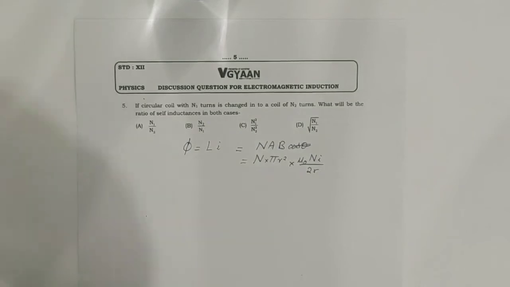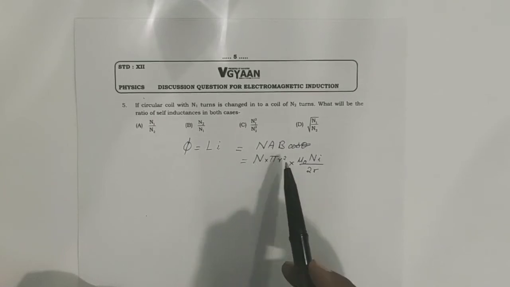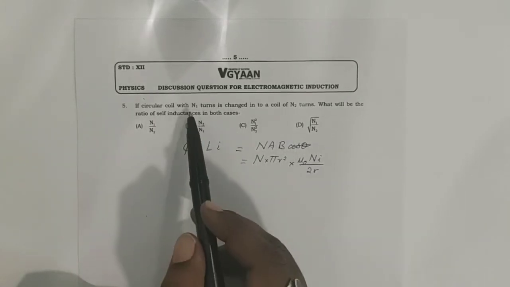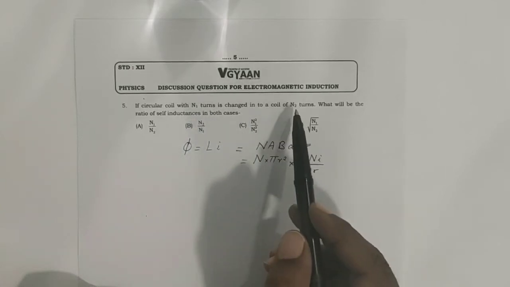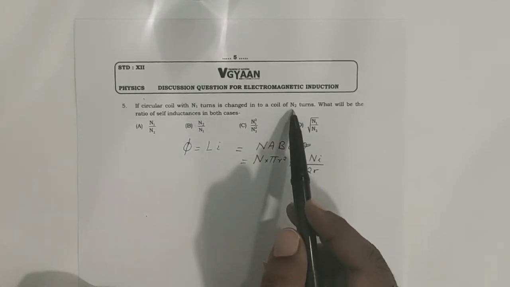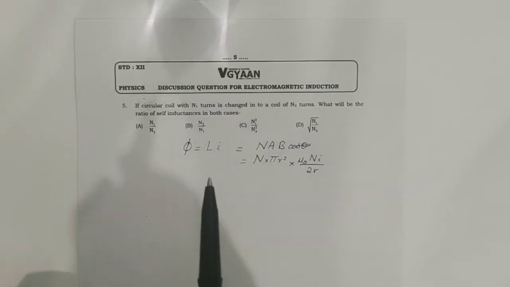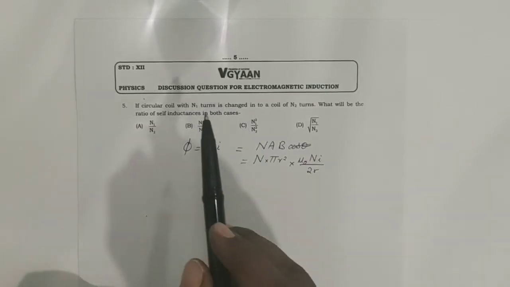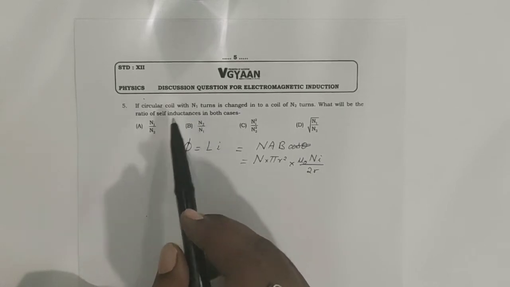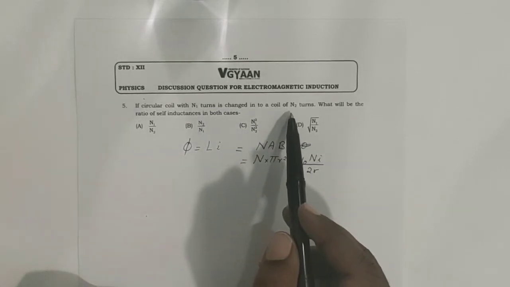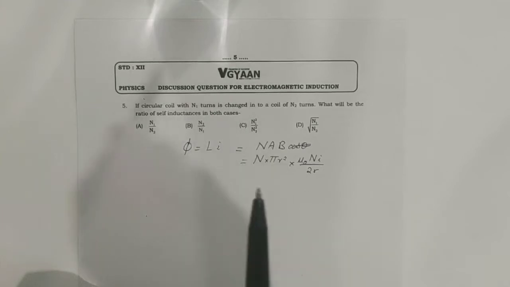Now the two things that will change over here. The first, very easy, very obvious thing that everybody can see is that the number of turns will obviously change, because it's clearly given that a coil of N1 turns is changed into a coil of N2 turns. But what is not obvious, the hidden information, is that when you change the same coil from a certain number of turns to another number of turns, the total length is going to remain the same.